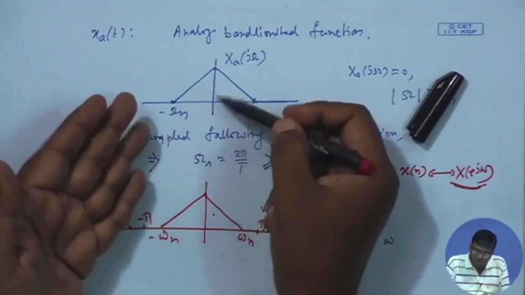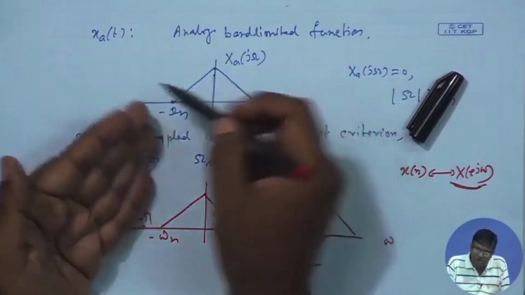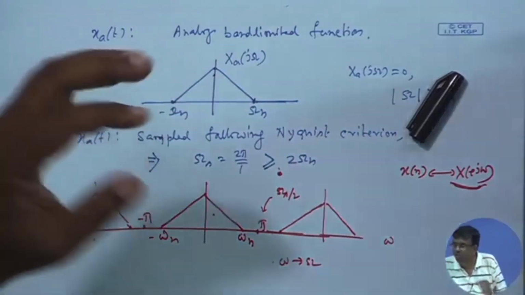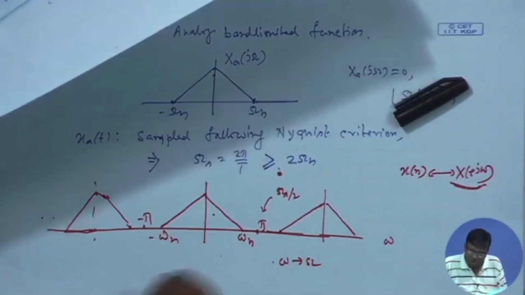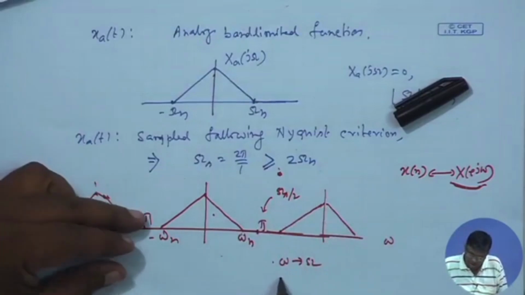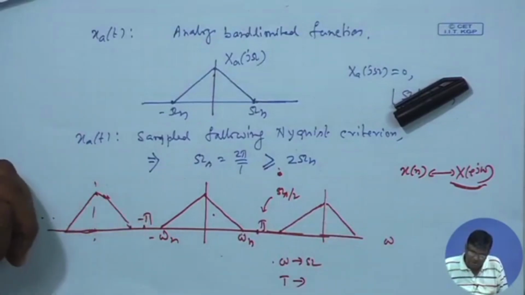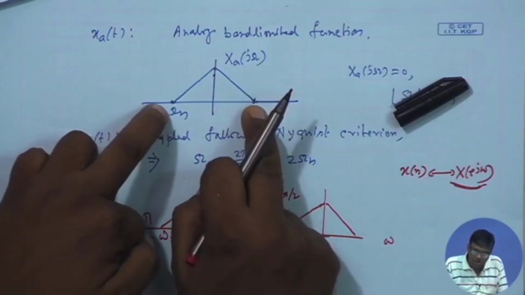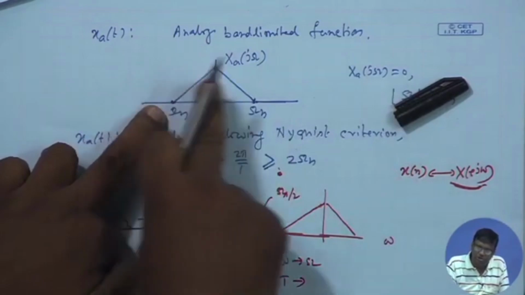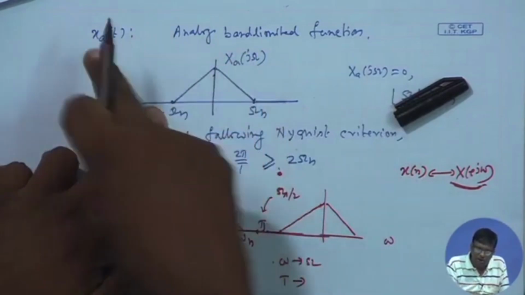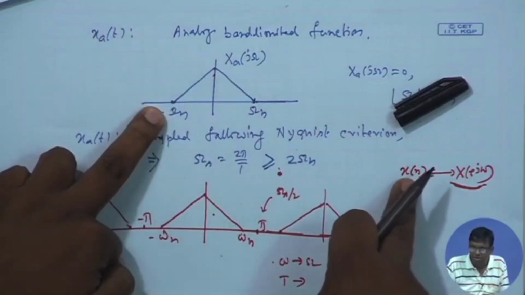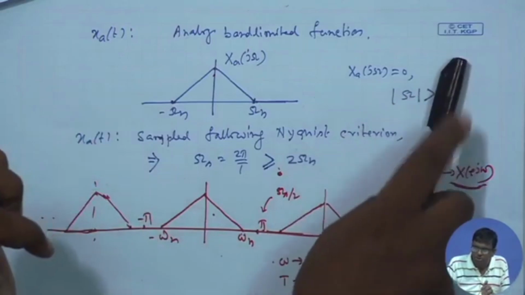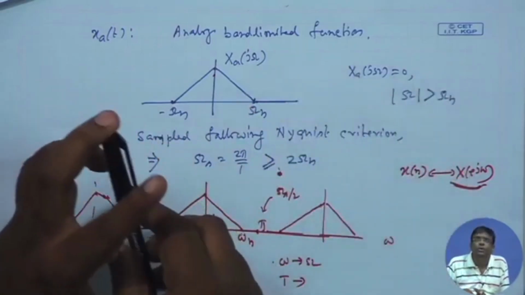Remember, to obtain the DTFT from analog, we had multiplied by a factor 1 by capital T. So, 1 by T times this will be this. How would I go in the reverse direction? Capital T times, and then that will give me this function, and then I apply the inverse analog Fourier transform on it, and I get back x a t. This way I can get x a t back from x n, and that is the famous Nyquist interpolation formula, which I will consider in the next class.